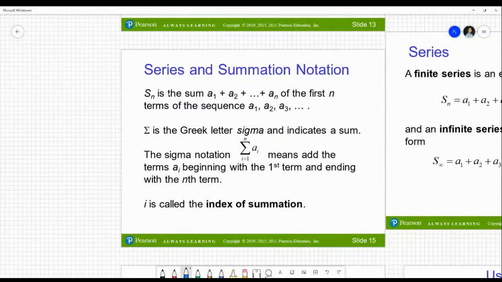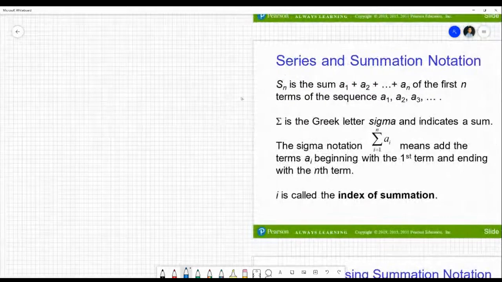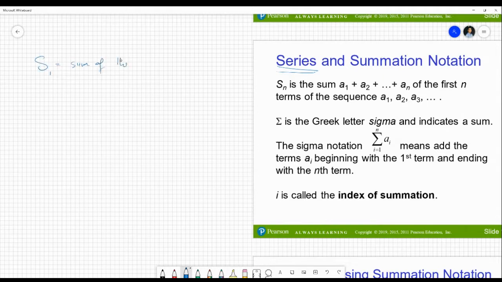Okay, so now let's look at series and summation notation. A series is nothing more than the sum of the first finitely many values. So let's look at what it means. S1 means the sum of the first term, because the 1 here denotes how many terms of a sequence you're going to add up.